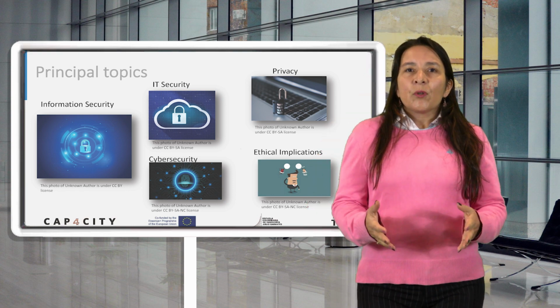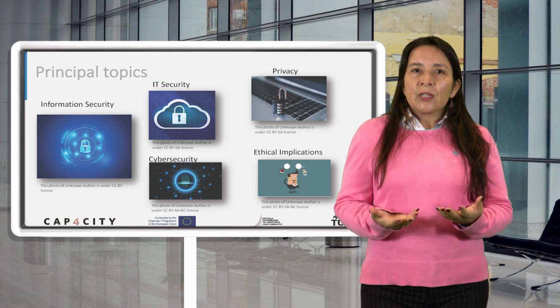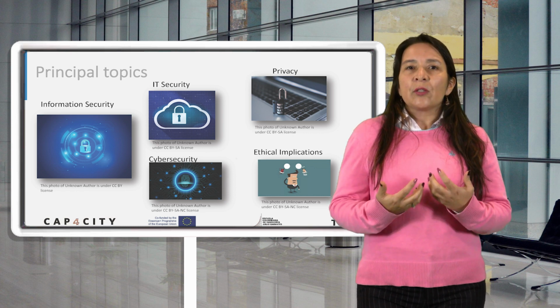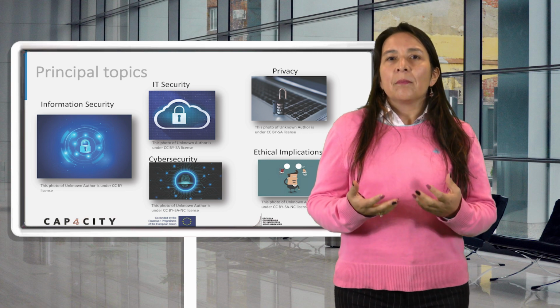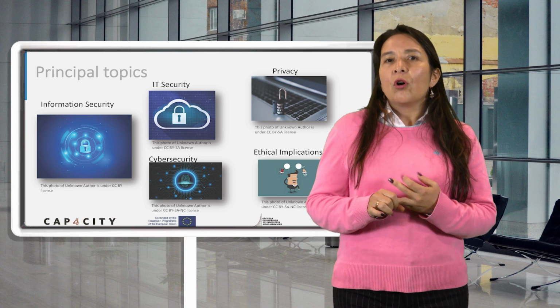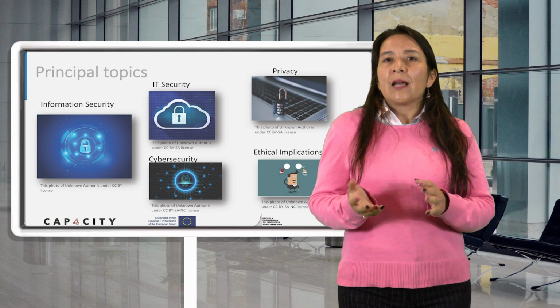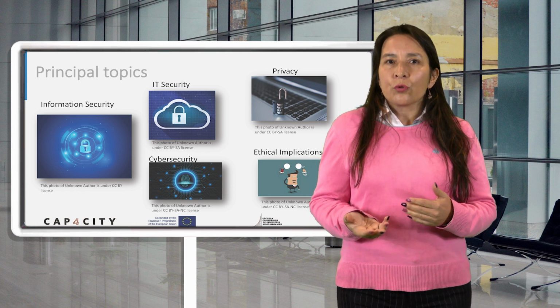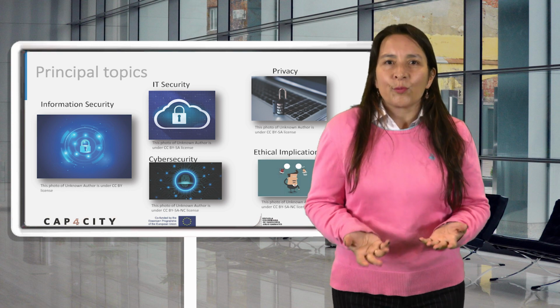So let's start with the definition of information security. Information security is the set of processes and methodologies designed to protect print, electronic, or any other form of information or data from unauthorized access, use, misuse, disclosure, destruction, modification, or disruptions.